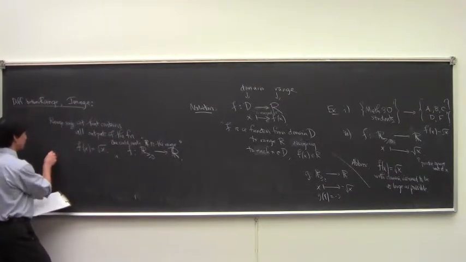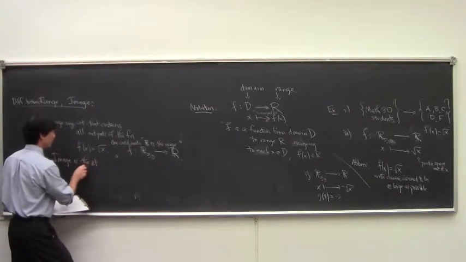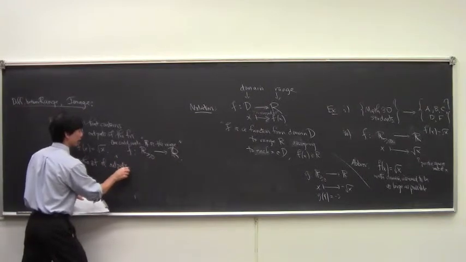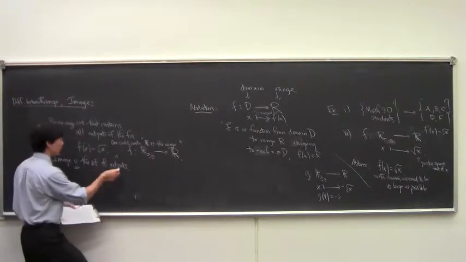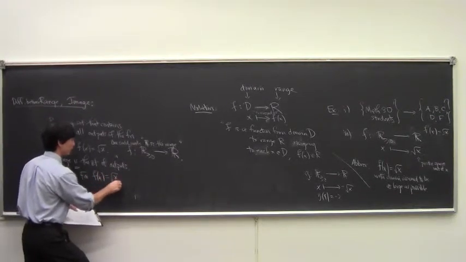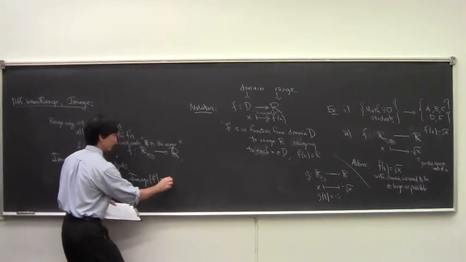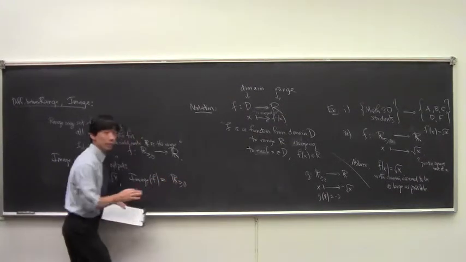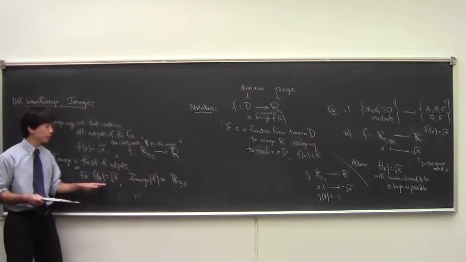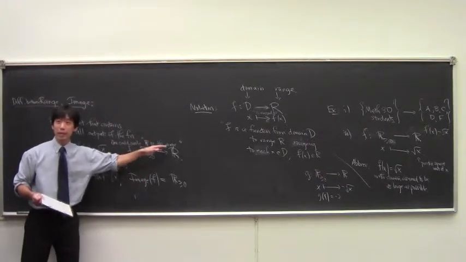The image is the set of outputs. So for the square root function, the image of f is the non-negative reals. It is the actual outputs, and the range is just something that contains the actual outputs.